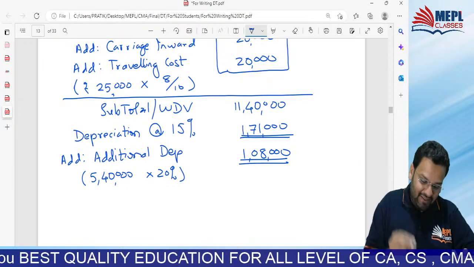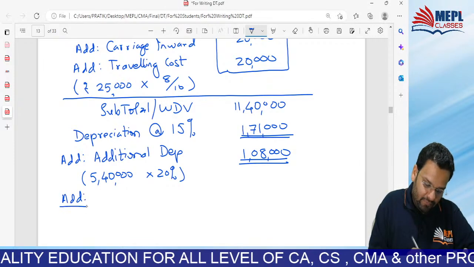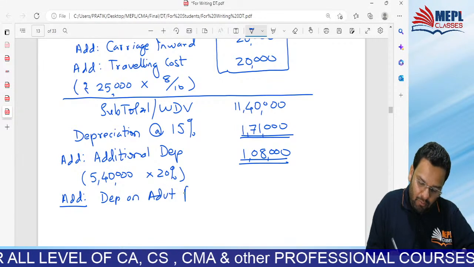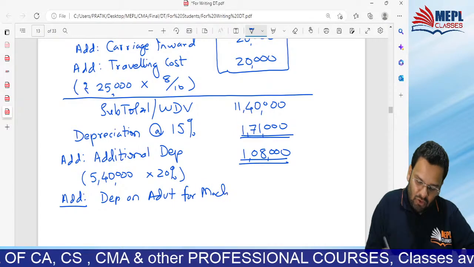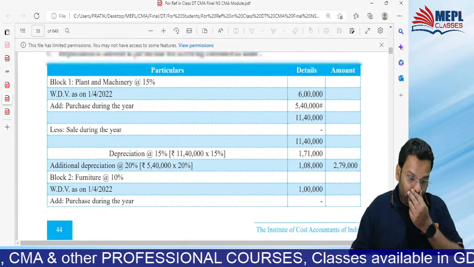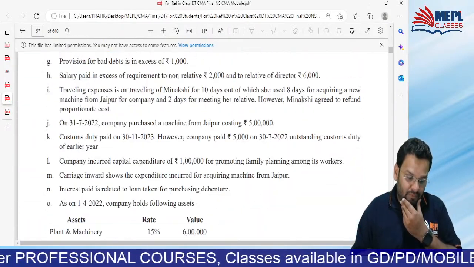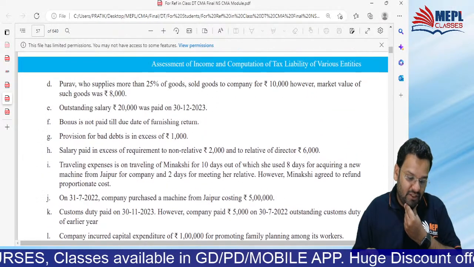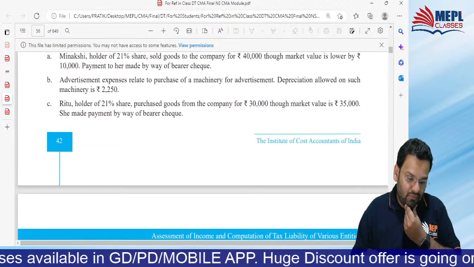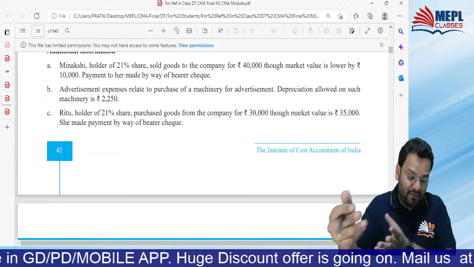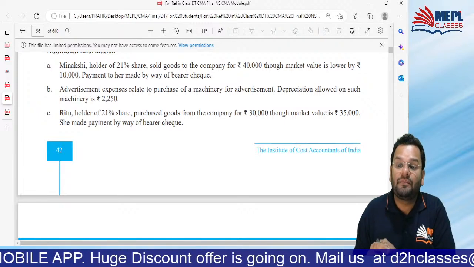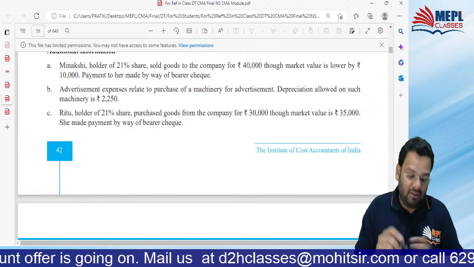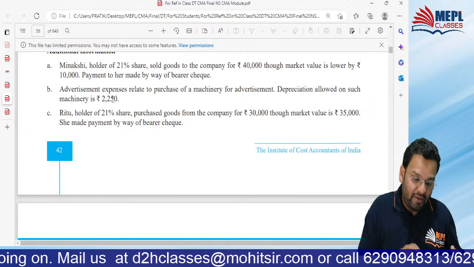Don't forget, there is one more depreciation. That is depreciation on advertisement for machine, which is already calculated. If you observe, it's already calculated. Depreciation on advertisement of machine, means advertisement for purchasing the machine. So it's given depreciation allowed on such machine is 2250.